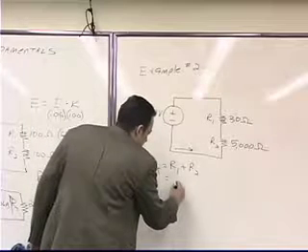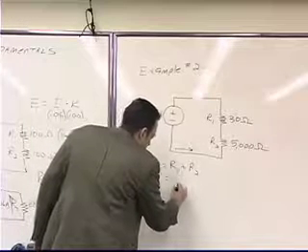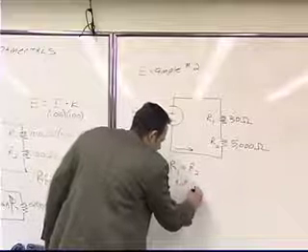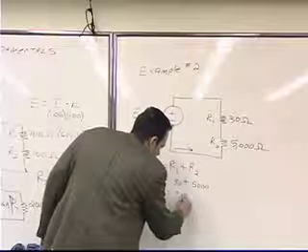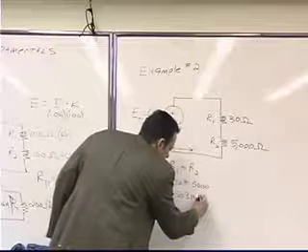which would be equal to 30 plus 5,000, which is 5,030 ohms.